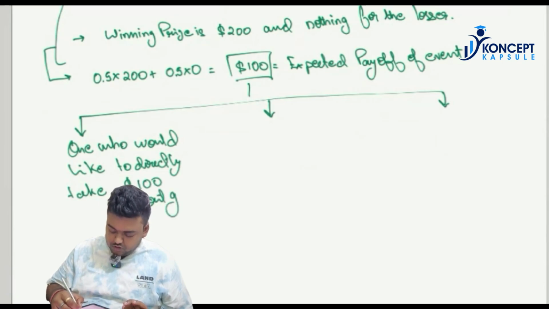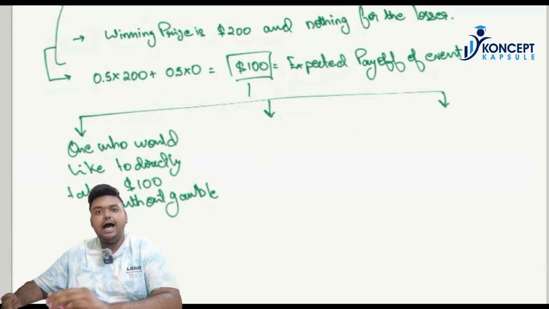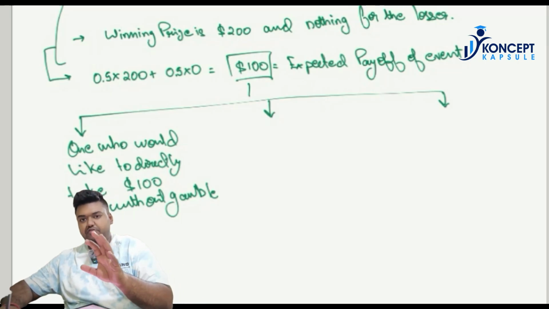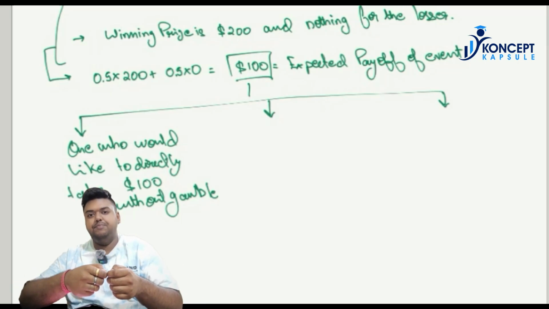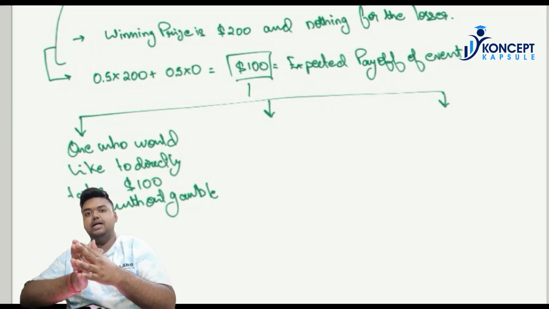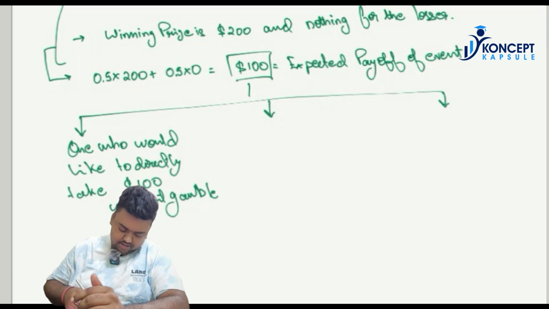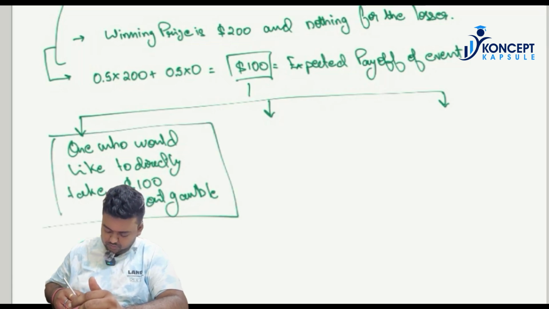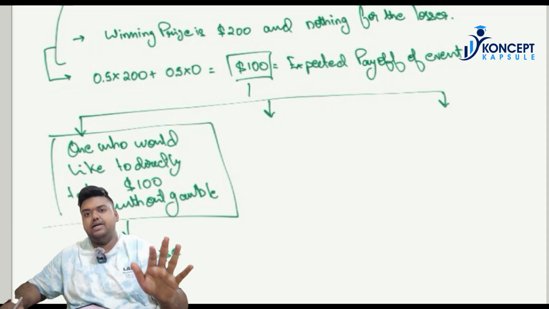So basically, when you give an option to him that either you can flip a coin, where the expected payoff is $100, or you can directly get a $100 bill, this guy will select the $100 bill and not go for a chance of earning $200. This guy is known as risk averse. So he will always prefer not to take risk.